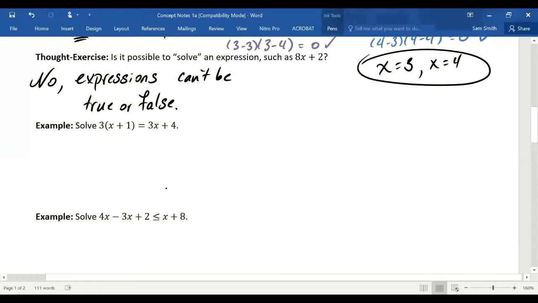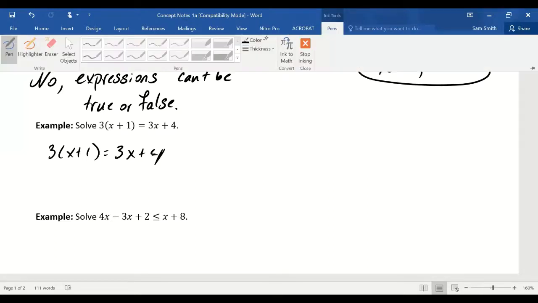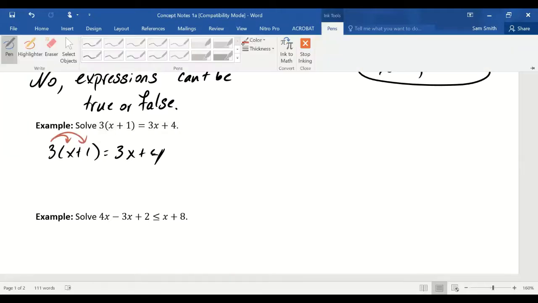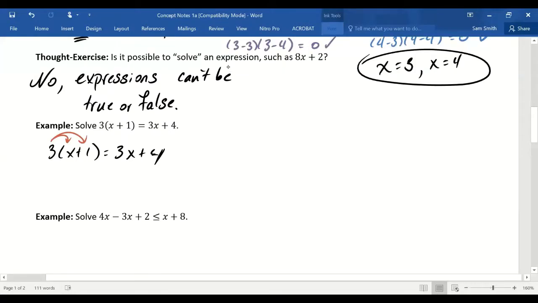Someone wants me to solve something like 3 times the quantity x plus 1 equals 3x plus 4. Now, the typical process for solving an equation of this type is to start by distributing, to start by multiplying through 3 times x and 3 times 1.